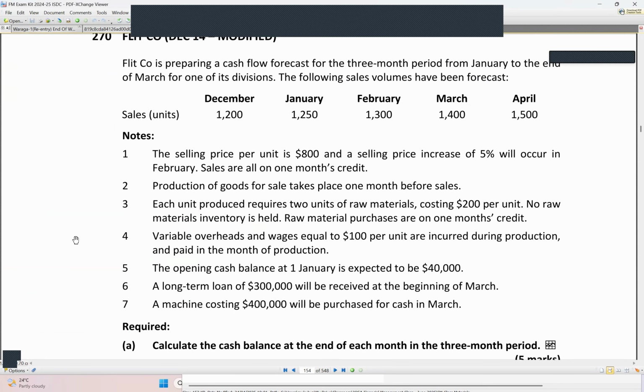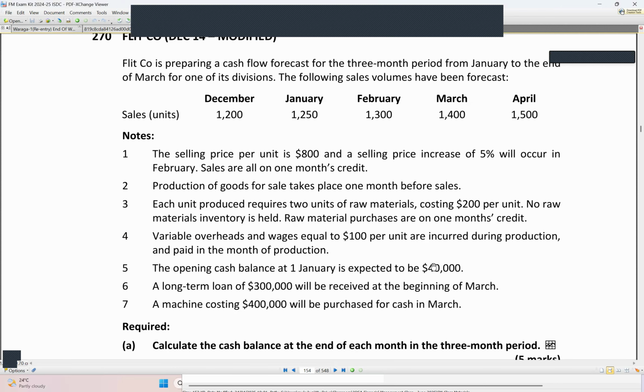So those are the receivables. What else is income? Production of goods and sales, these are costs. We have an opening balance in January. That's not a revenue.